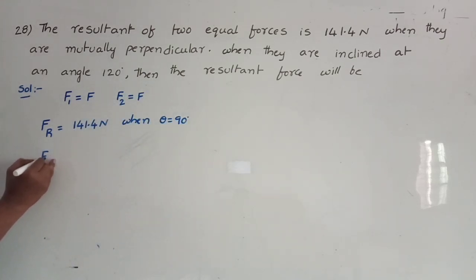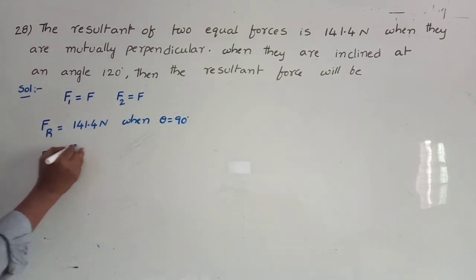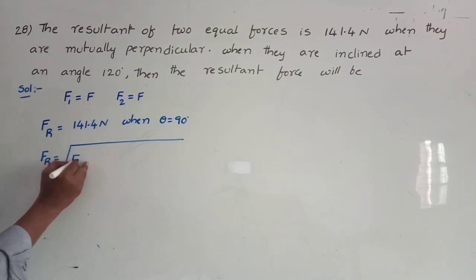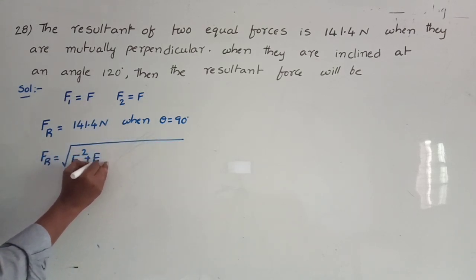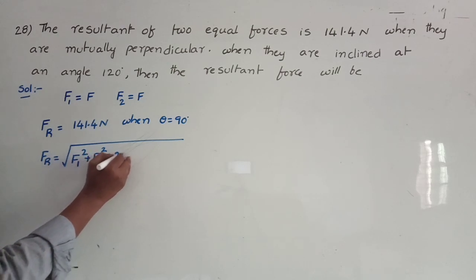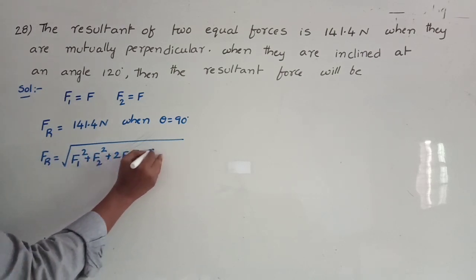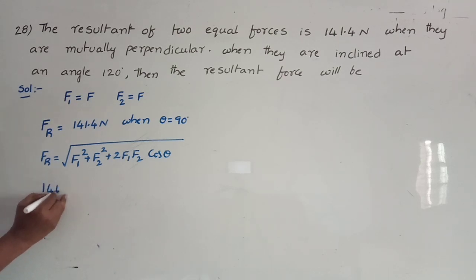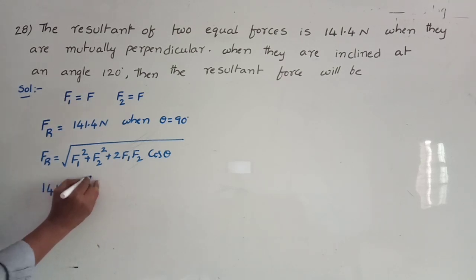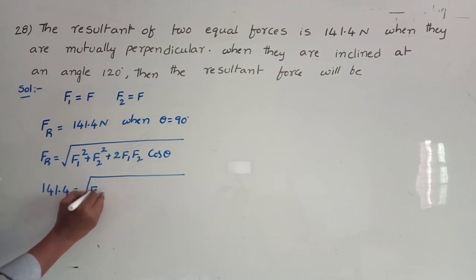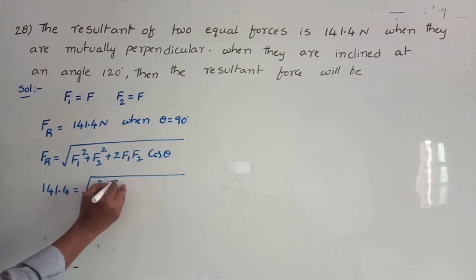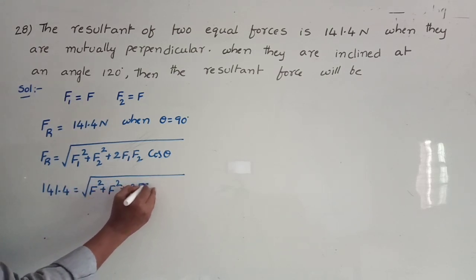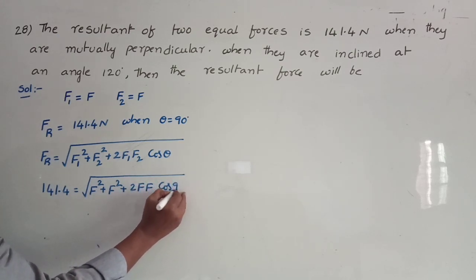So, F resultant is equal to, we know the formula, under root of F1 square plus F2 square plus 2F1 F2 into cos theta. F resultant 141.4 is equal to under root of F square plus F square plus 2F square into cos 90 degree.